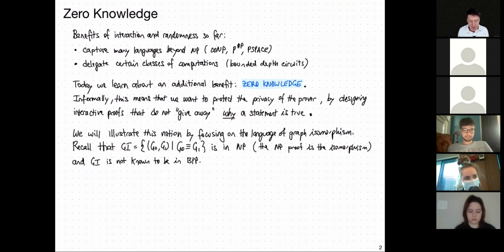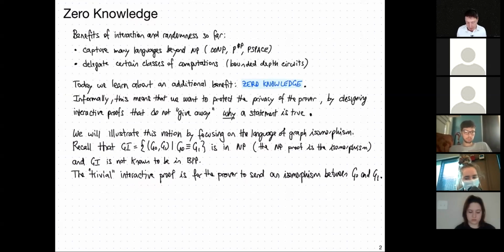Moreover, graph isomorphism is first not believed to be NP-complete, but it is also not known to be in P. In fact, it's almost there, but not quite. It's in quasi-polynomial time. But that is to say that if I give you this permutation, yes, I'm convincing you that the two graphs are isomorphic, but you're also learning something else, like how they're isomorphic.